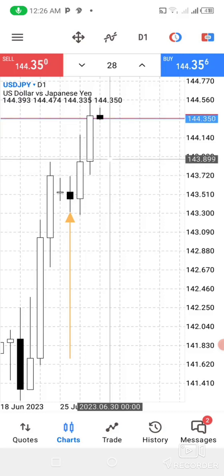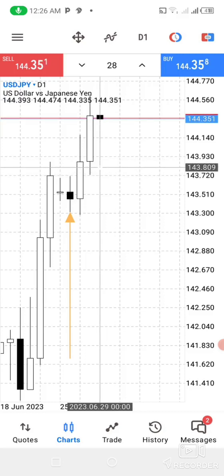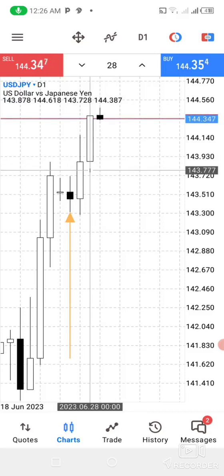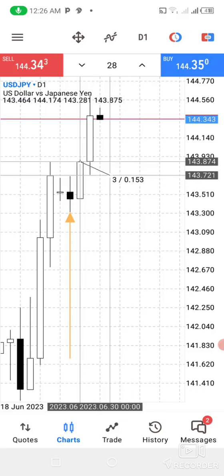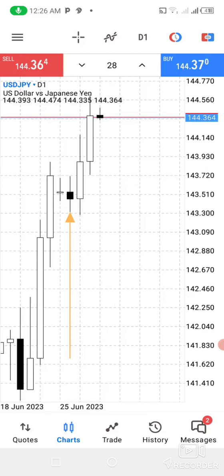Then try to take 10% of the wick height, 10% of it. So if we measure here, the total height of the wick is 15 pip. Okay, 10% of the 15 pip is 1.5 pip. So measure 1.5 pip. We are taking 10% because we want to make this as minimal as equal to 0.